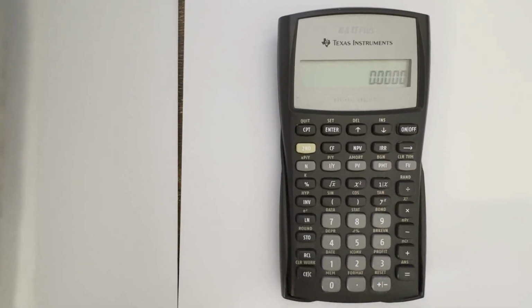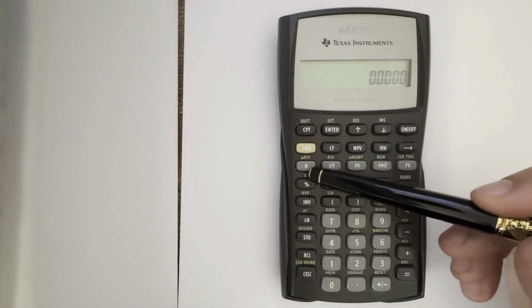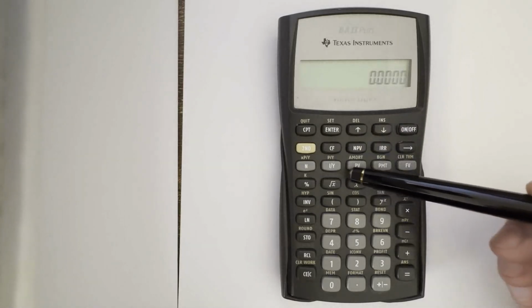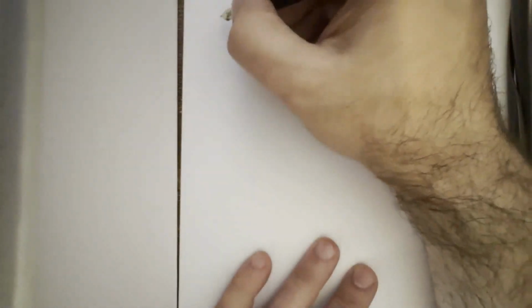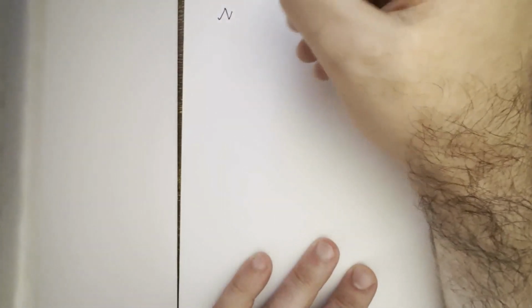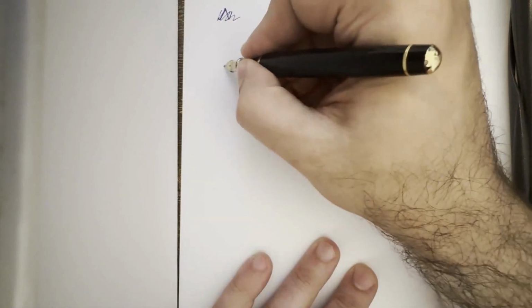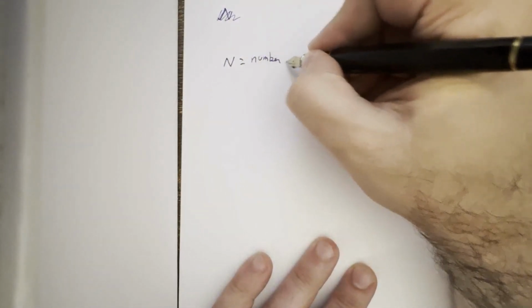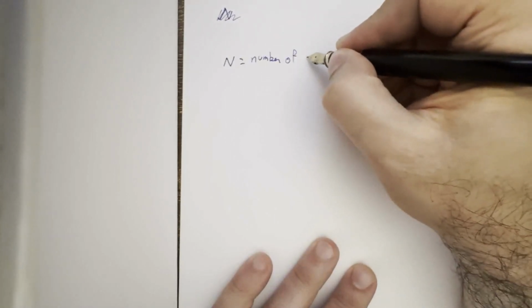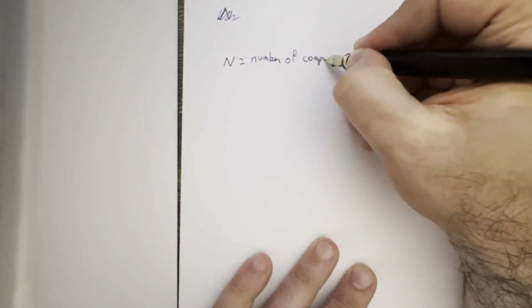Okay? So next up, we want to talk about the 5 buttons, which are N, I/Y, PV, PMT, and future value. First off, you have the N, which is the number of compounding periods, or years in this case.